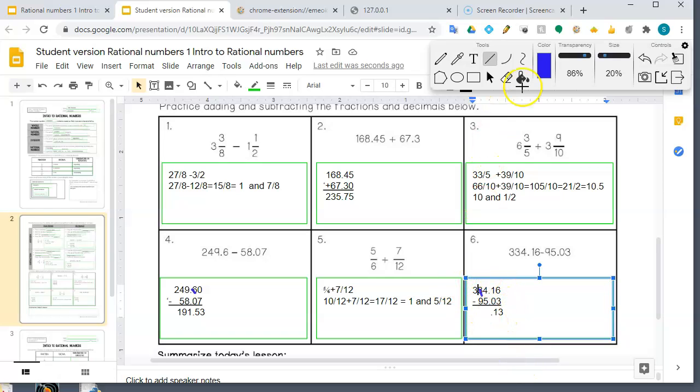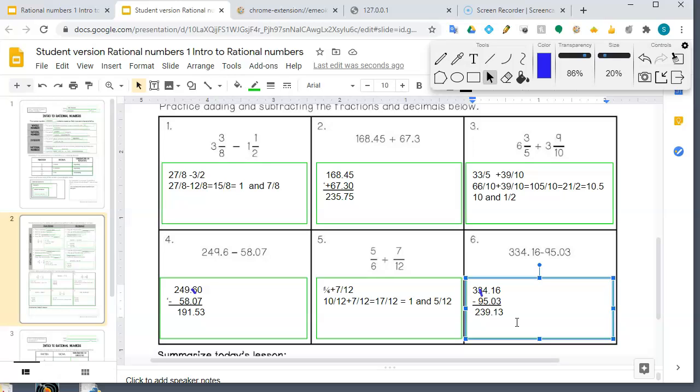So we're going to have 14 minus 5. That's going to be 9. Alright, then we're going to have 32 minus 9. That is 23. So it's 239.13. It looks like everything lines up there.